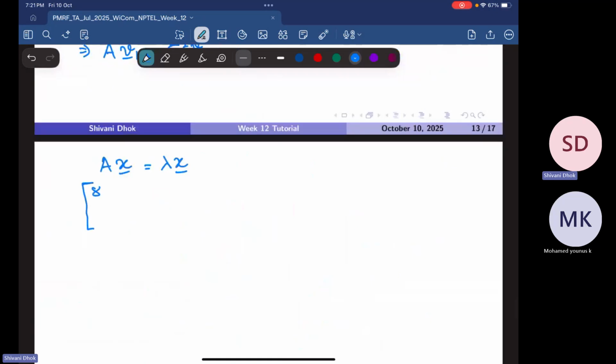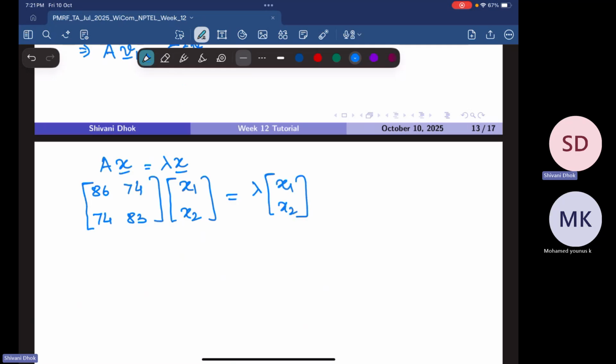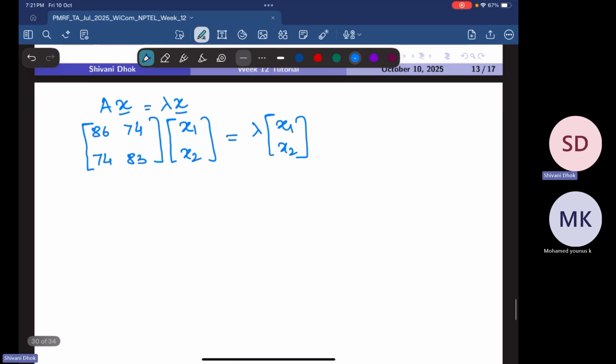So this is 86, 74, 74, 83 into x1, x2, which is equal to lambda times x1, x2. Now this comes out to be 86 x1 plus 74 x2 equal to lambda x1, and 74 x1 plus 83 x2 equal to lambda times x2.